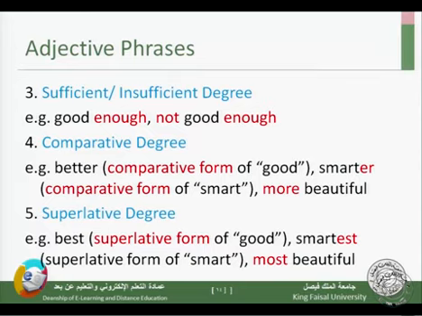Yet another group of adjectives will only take more or most. So more beautiful and most beautiful, we can't say beautifuler, okay, it is even hard to pronounce, or beautifulest, okay, so this is not possible. We only say more beautiful or most beautiful.